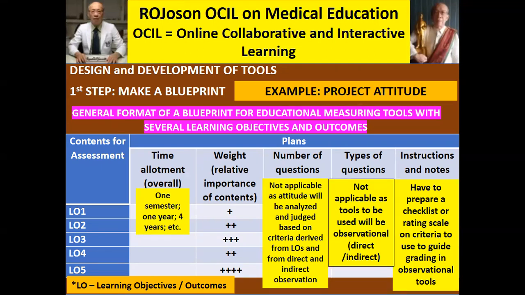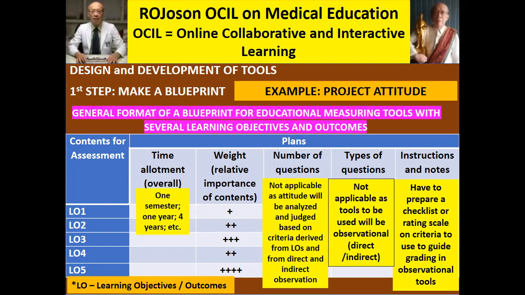A blueprint example on project attitude, to measure the attitude. So example here, time allotment will be 1 semester, 1 year, 4 years to observe the student's attitude. Relative weight of the various learning objectives in terms of attitude.